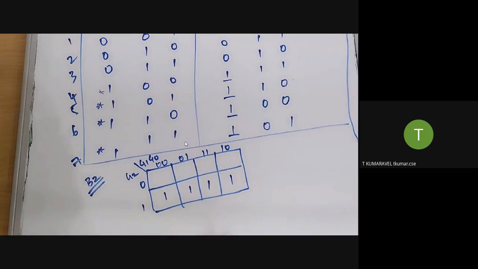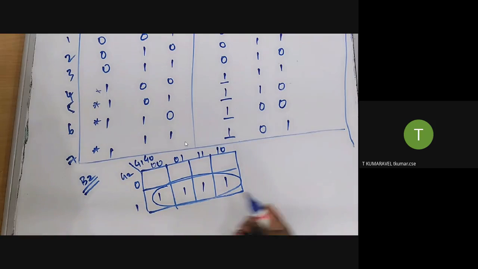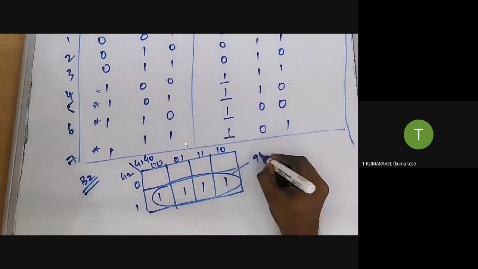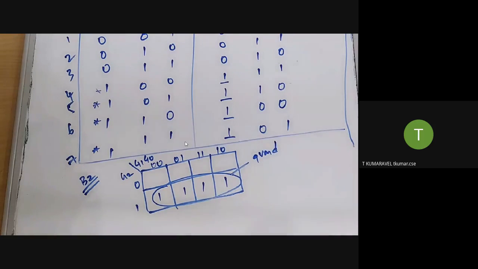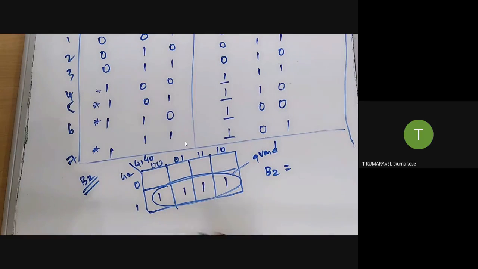Now minimize the equation. You want to perform grouping. Here 8 bits are not available, only 4 bits are available, arranged in sequential manner, so I can form a quad grouping. If you minimize that, what is the answer?